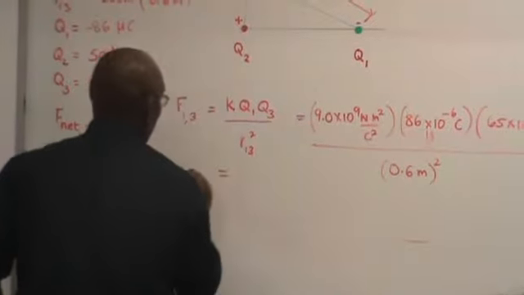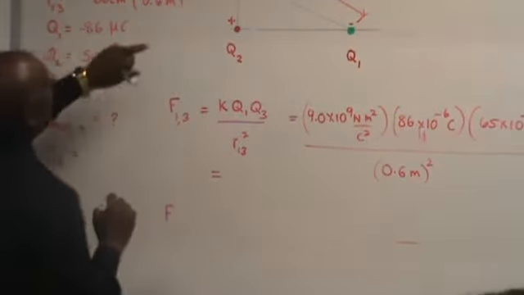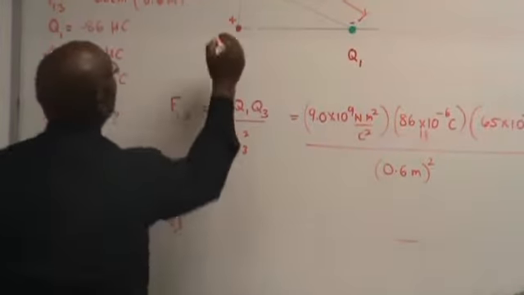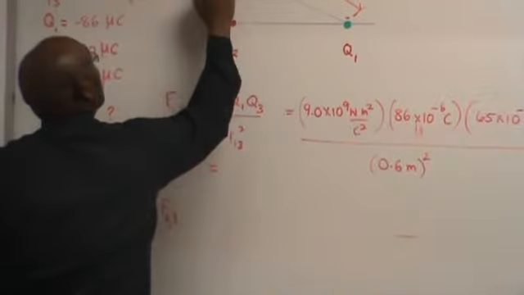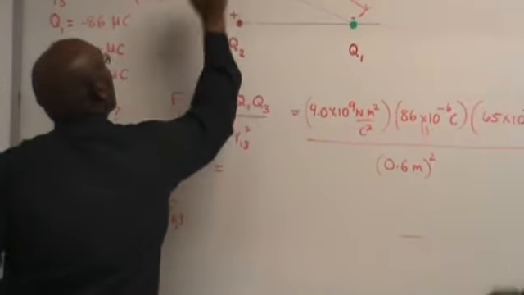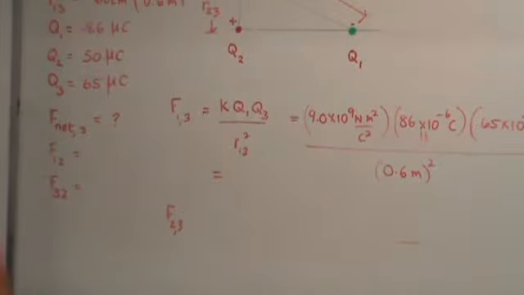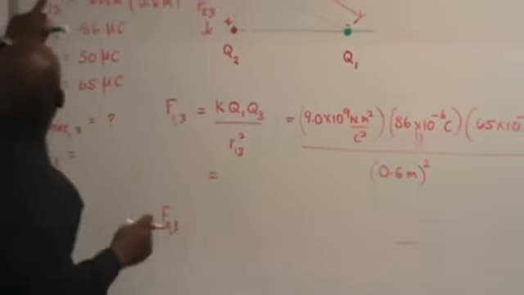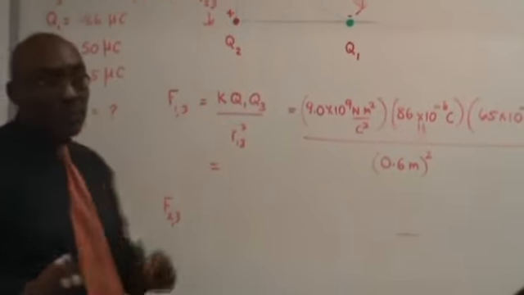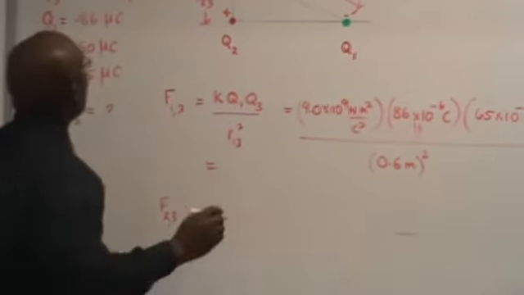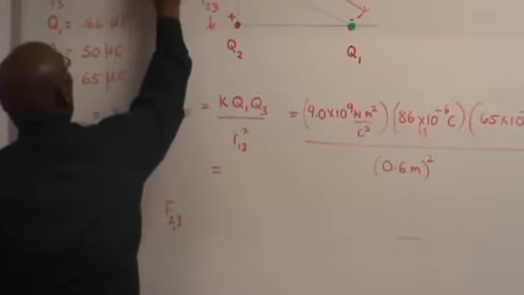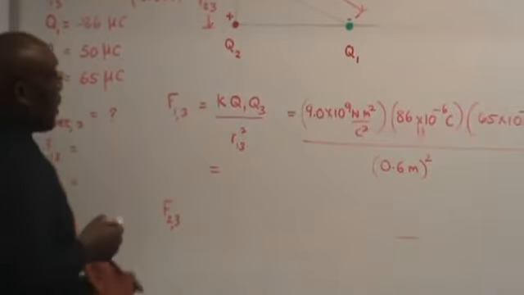Thank you very much. And then we're going to do F23. Right here we need this distance again between the two charges. Let's call this R23. We need that distance. Let's see what it is. That distance is 30 centimeters, 0.3 meters. Okay?